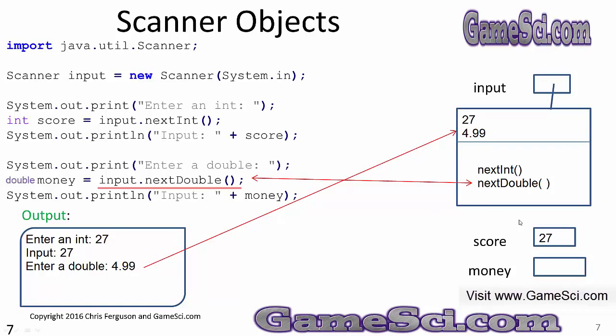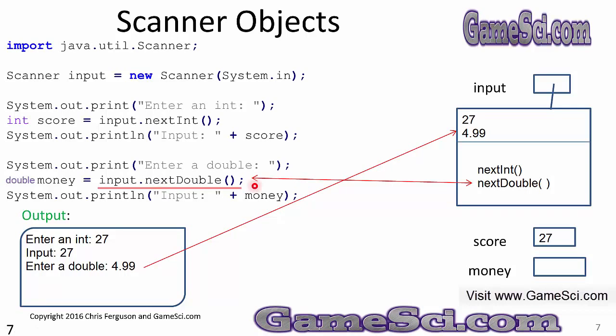The method nextDouble in this case, see this syntax? I'm going to the input object. The dot says go inside that input object and access the nextDouble method. The nextDouble method will go up and look at what the user typed in, the 499. The 499 that the user typed in will then be transferred back to the input.nextDouble. Notice the arrows on both sides.